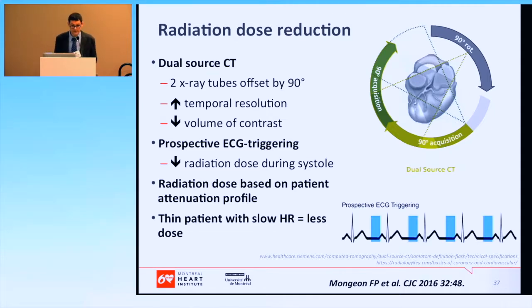However, with newer CT scans, notably dual source CT scans, which use two X-ray tubes offset by 90 degrees, it is possible to produce a complete aortic angiogram with a low volume of contrast and a low dose of radiation, that mostly relies on triggering the imaging to diastole when the aorta is not moving, and most of the information can be acquired.